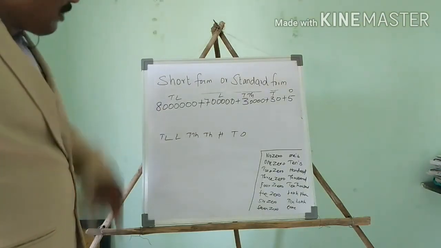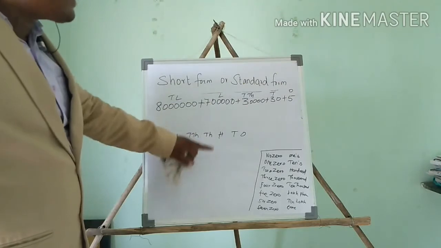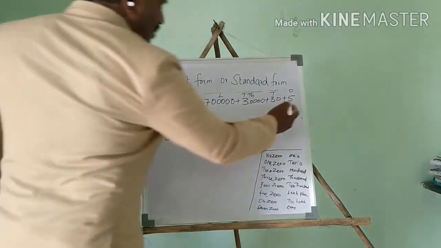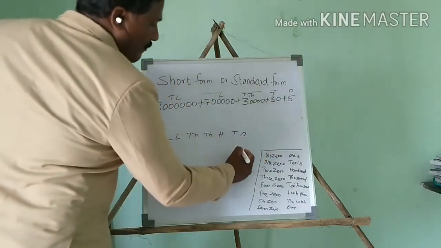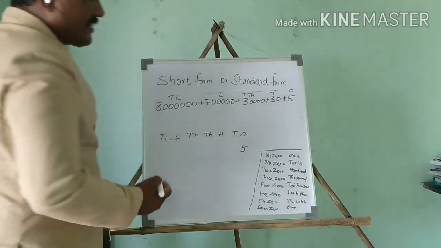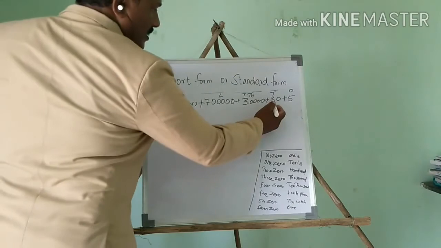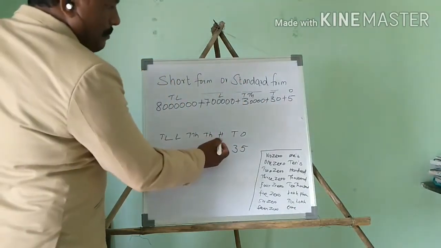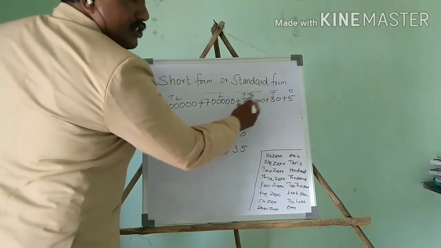Now we have to convert expanded form to standard form. How to do this? First, ones place, what is the value? 5. We take it and write. Then tens place, 3 is there. Then another place, 100 place. But here there is no number in the 100 place.